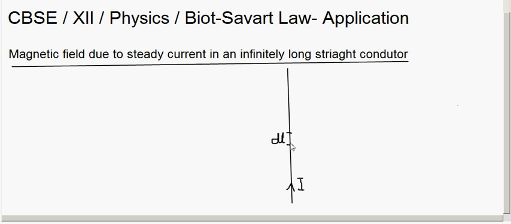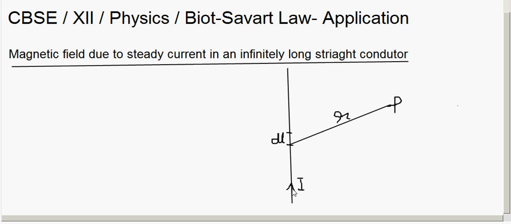First we will find out, due to this current element, what is the magnetic field at some point P, and P is at a distance r from the current element. Let me repeat.